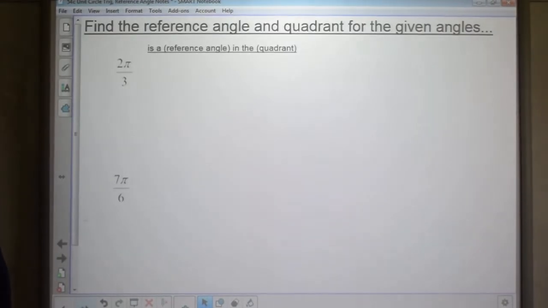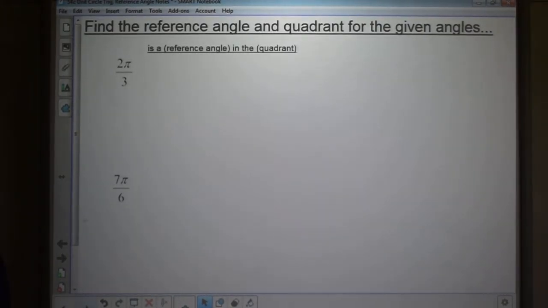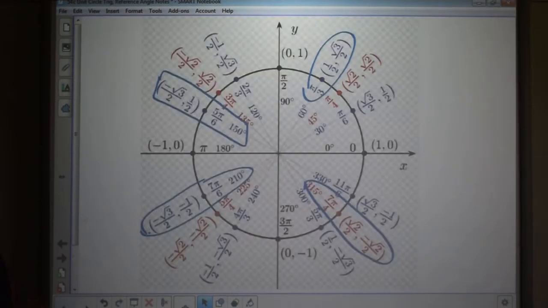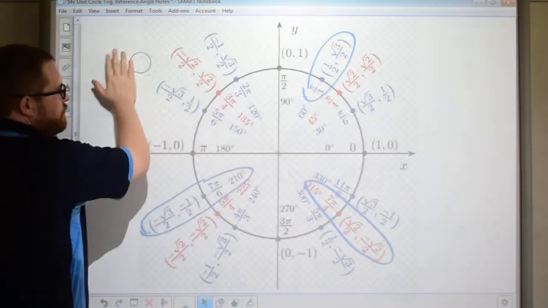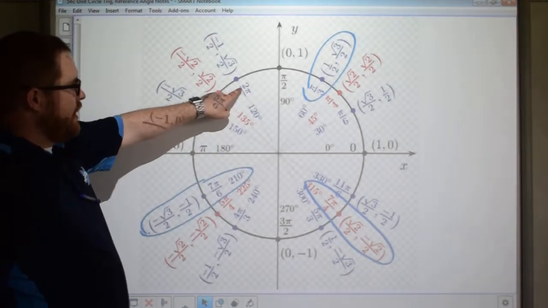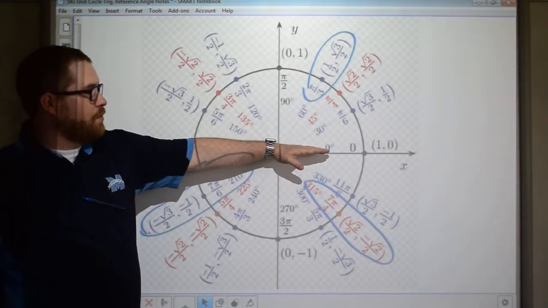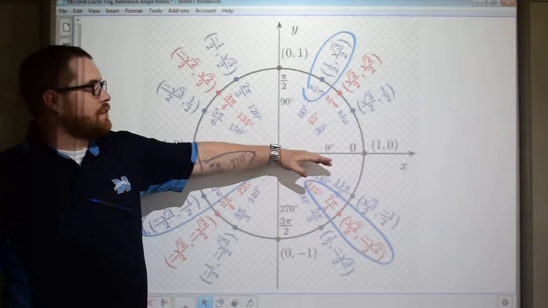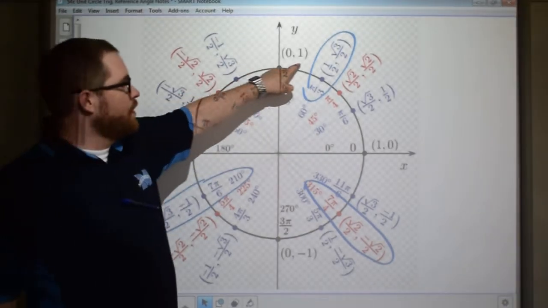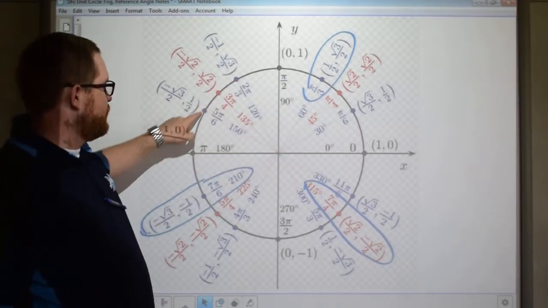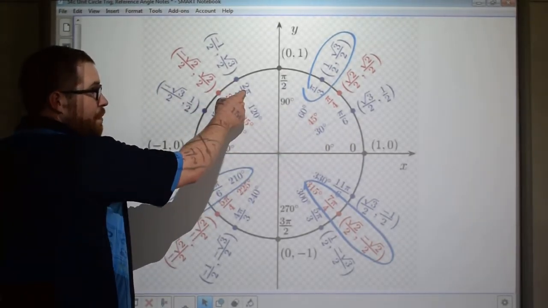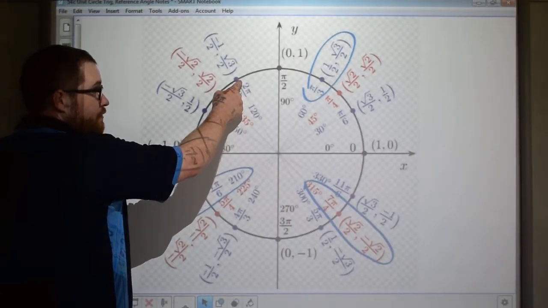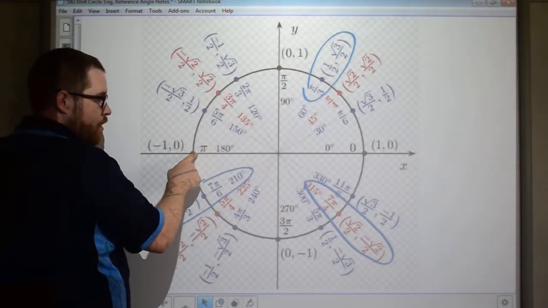Well, let me show you what I mean. 2 pi over 3. So let's jump back to the unit circle. Here is 2 pi over 3, right here. I want to get back to the x-axis as fast as possible. So I don't want to go this way, that's too far, I want to go this way. Well, the x-axis is pi, and this is 2 pi over 3. How far is it from 2 pi over 3 to 1 pi?